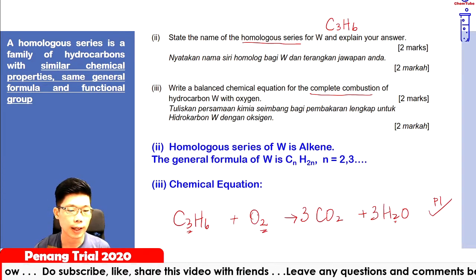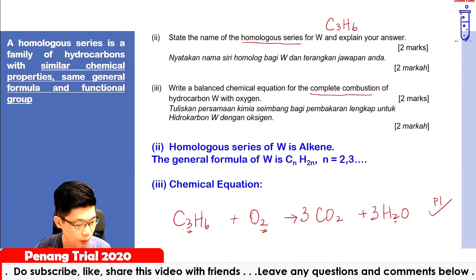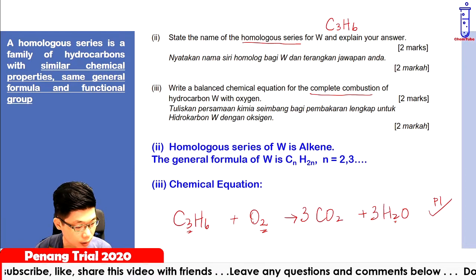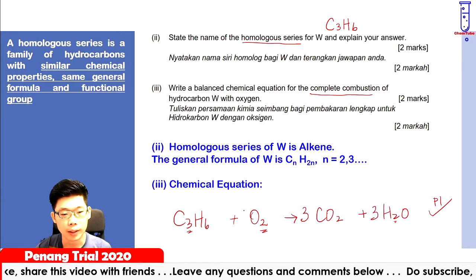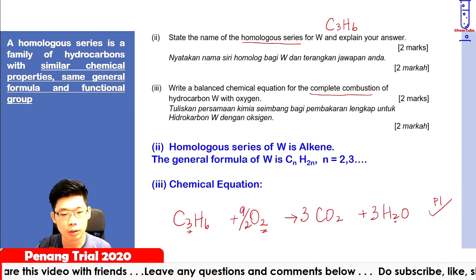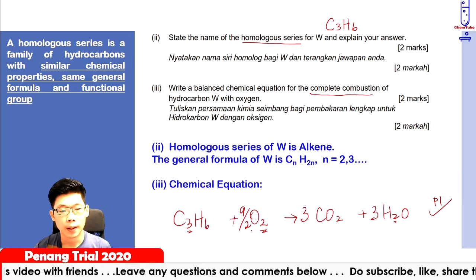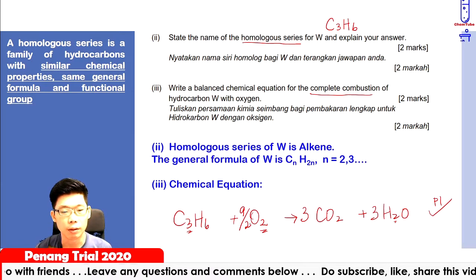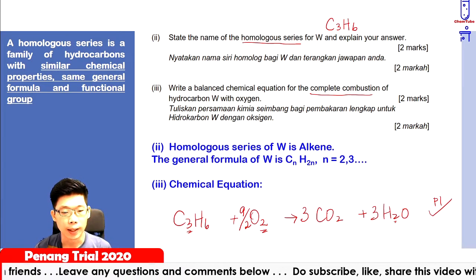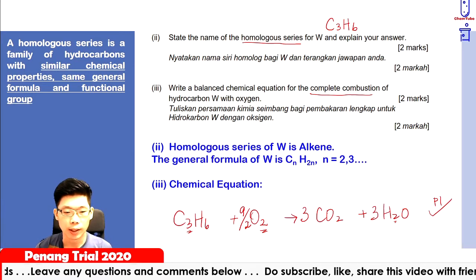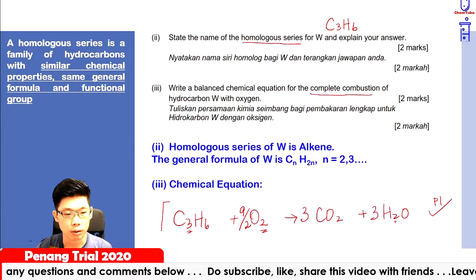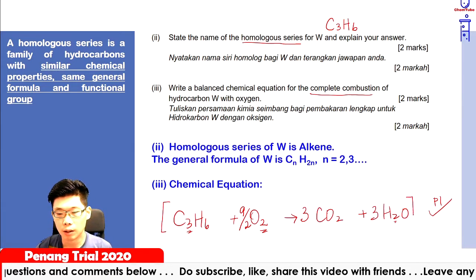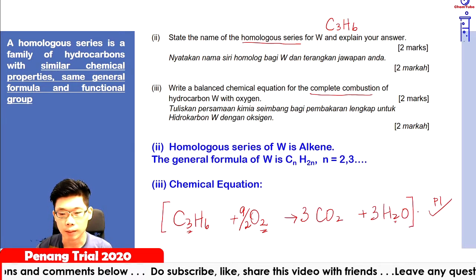So in this case, we can use a fraction. For the fraction, how do we get the 9 oxygen? We can use 9 over 2. Only for combustion are we allowed to use a fraction in our chemical equation. If you don't want to use the fraction, we can do it like this: the overall equation times 2.